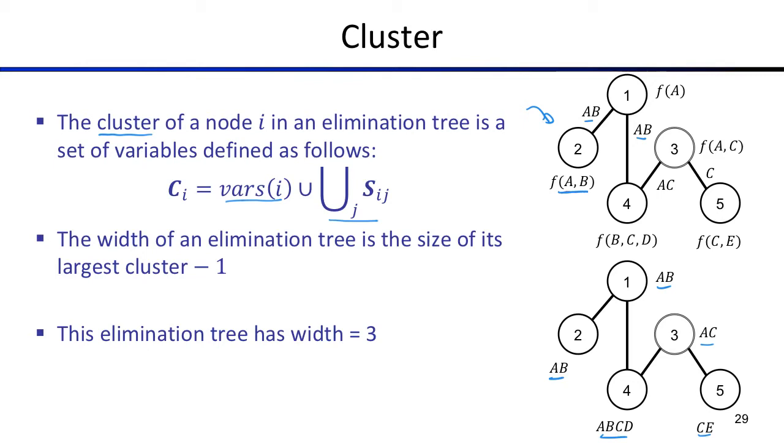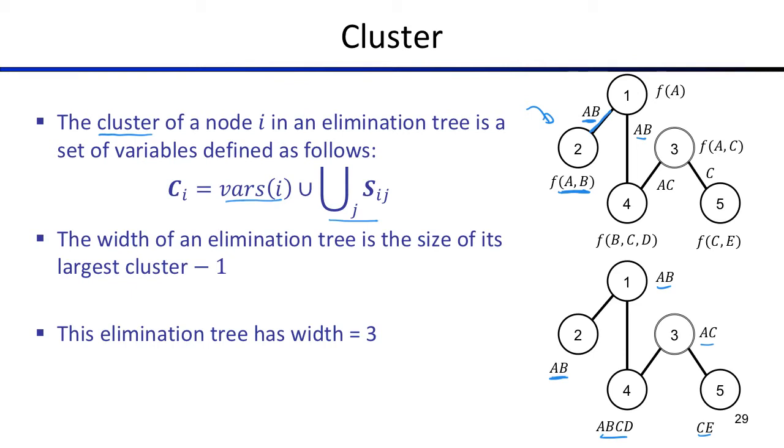For instance, for node 2, what we have in the factor, also in the separators of the edges that are connected to this node. So in this case, we have just this edge here, and this edge has a separator A and B, and the factor in node 2 has the variables A and B. So the union is going to be A and B, and that is the cluster associated with this node 2.